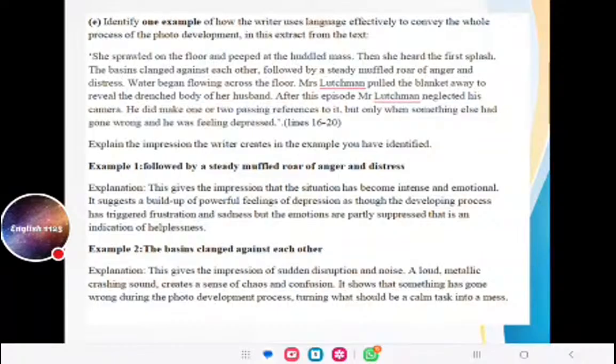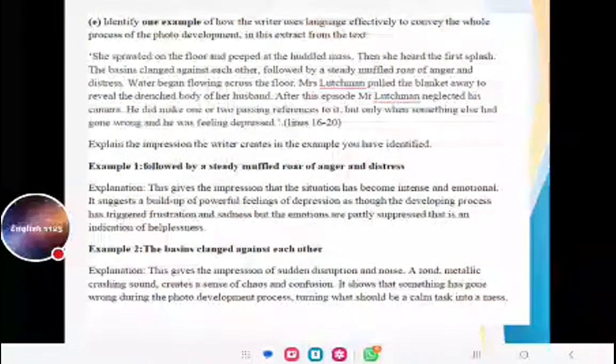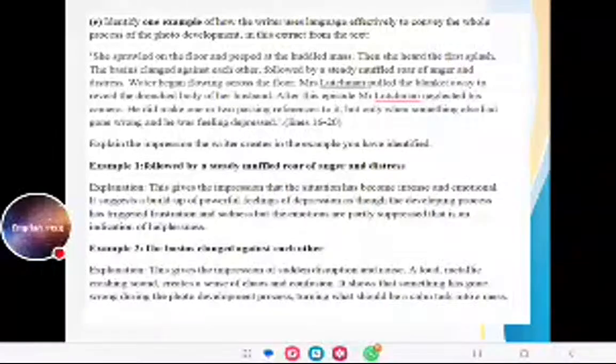Partly suppressed is an indication of helplessness. He is angry, he is furious, he is distressed, but his roar, these sounds, are muffled. That shows his helplessness. He cannot do anything. So this is the explanation of these words.